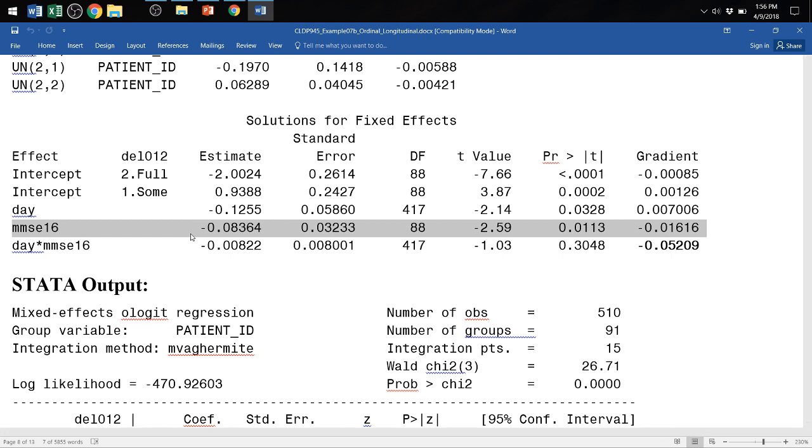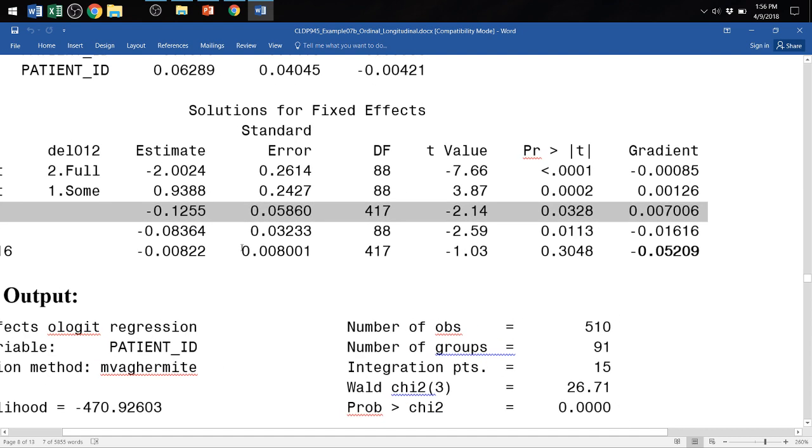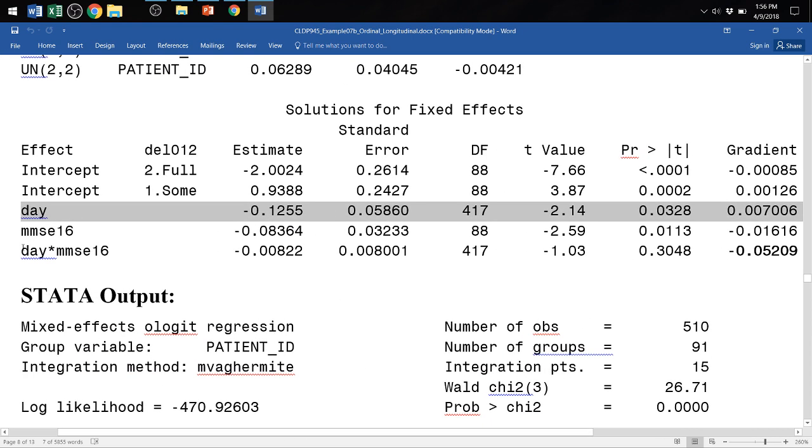And day by that, even though it's non-significant, we can still interpret it. Which pattern is this, folks? Here's my main effect of day that is negative. Here is my day by MMSE interaction, which is also negative. So what does MMSE do to my day slope?